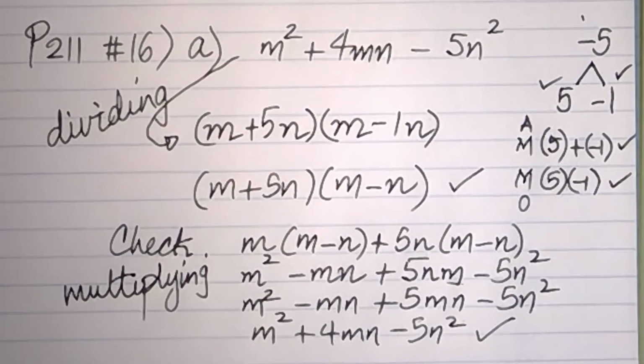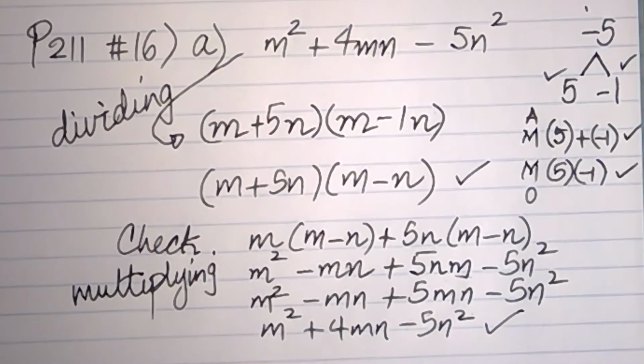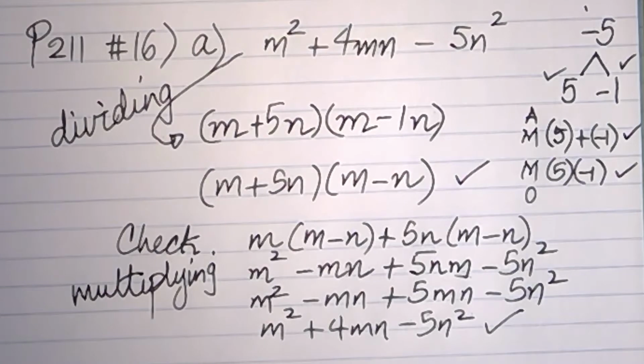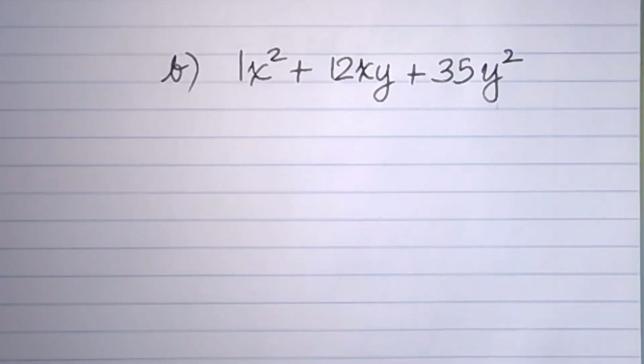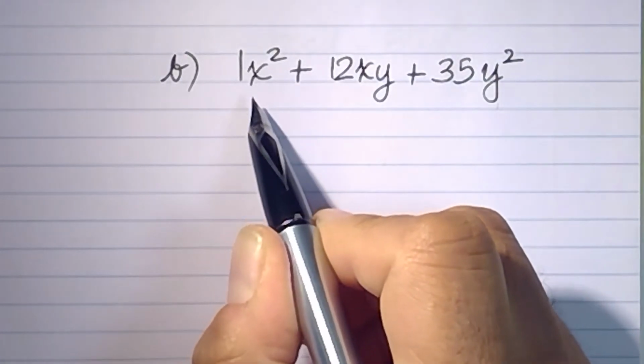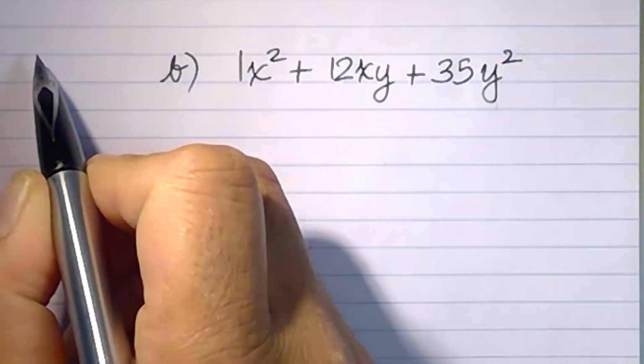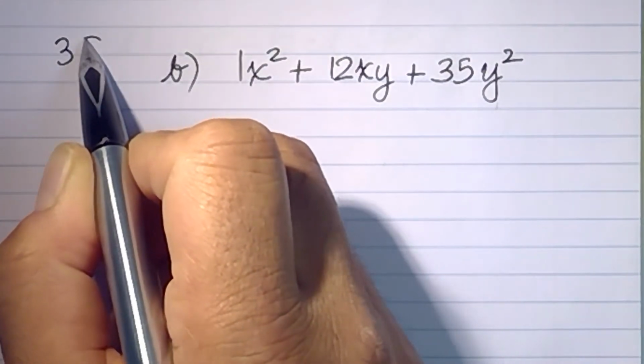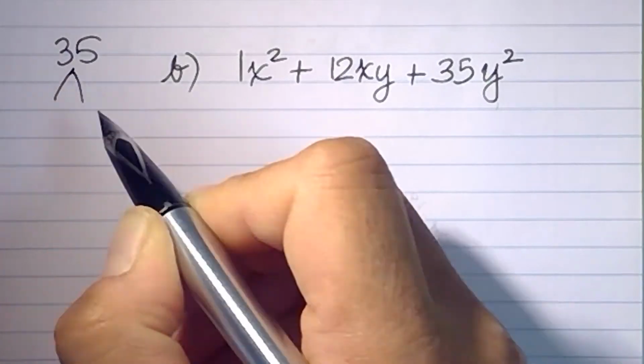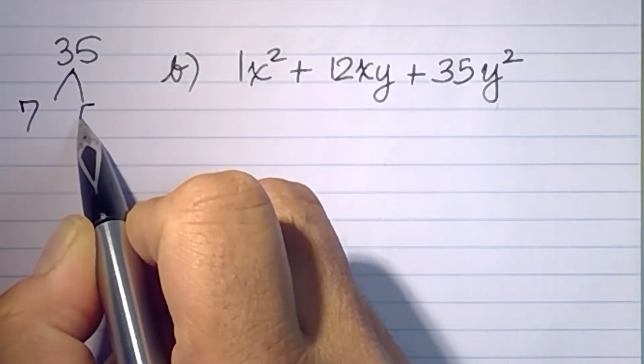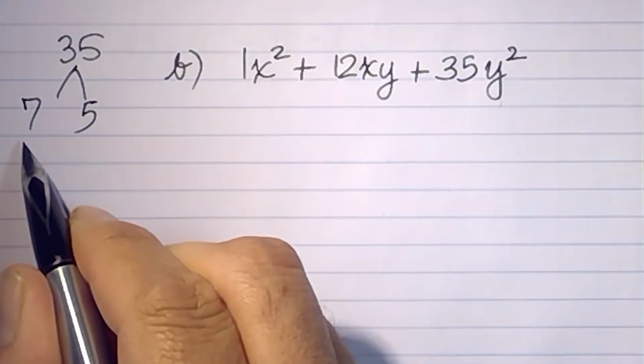I tried to put in a lot of extra detail, and then I'm going to do B, C, D, E, F, okay? I look at my coefficient, it's 1 times 35. So what would that be? Well, I know positive 7 times positive 5 will give me 35.